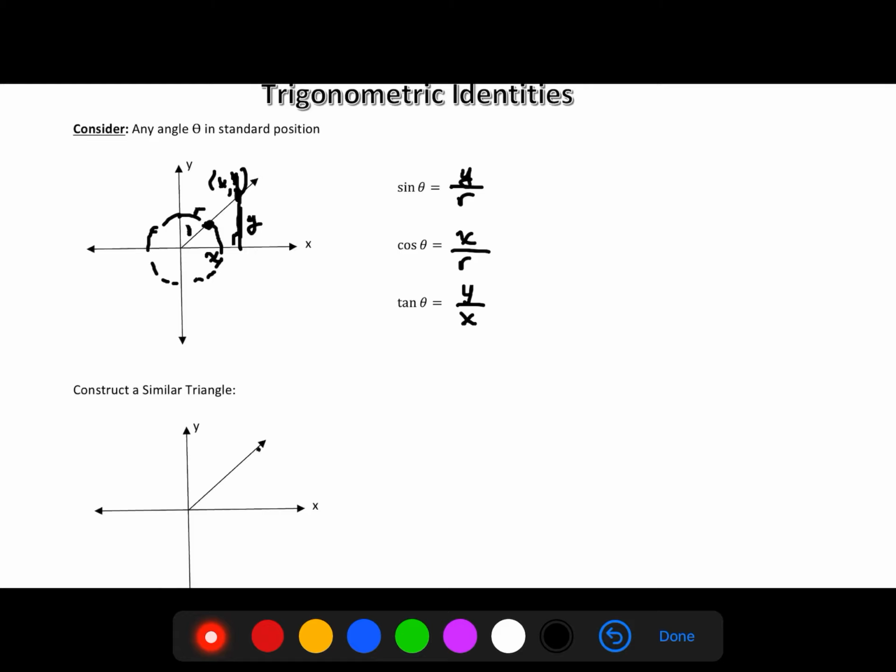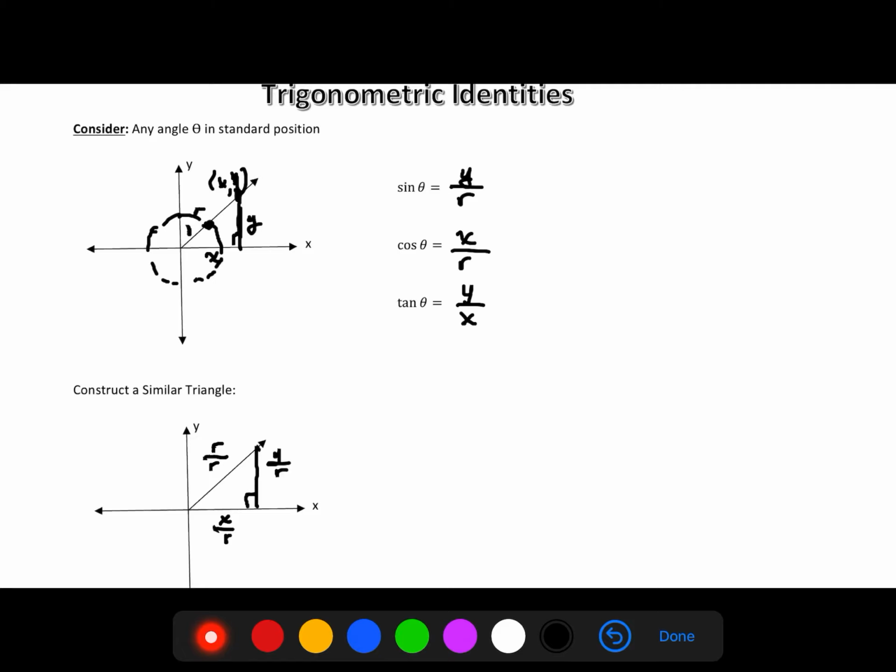And we're going to use that in the next step to demonstrate similarly. So if we now want to use this triangle, but we want what is called a unit triangle, what we want is a radius of 1. Well, in order to do that, and I'm going to demonstrate it on this set of axes down here, we're going to have to take what our radius was and divide by the radius to get a value of 1.